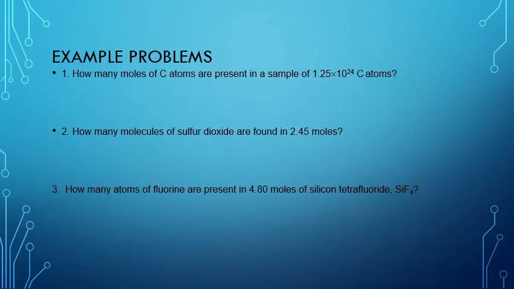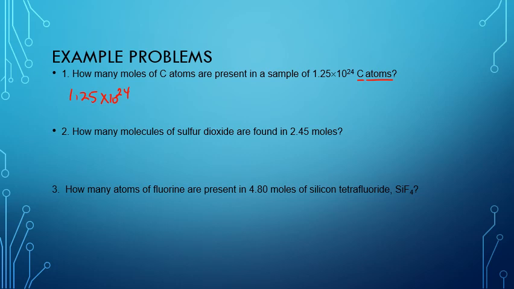Okay, so let's look at a couple of example problems really quickly so you can see how to do this. Notice here I'm starting with atoms of carbon as my beginning substance. So I'm going to write down my given information, and just like with dimensional analysis problems that we were doing before, the number of significant figures in our beginning number is what we use for the entire answer.